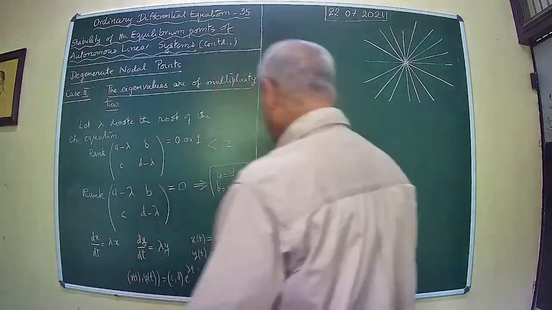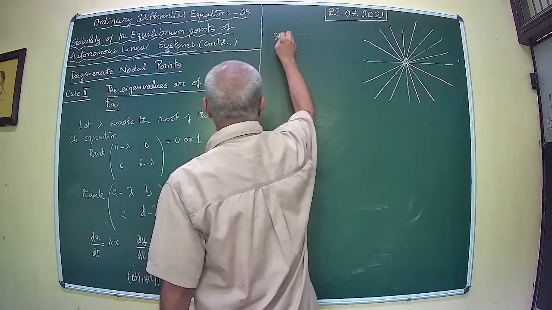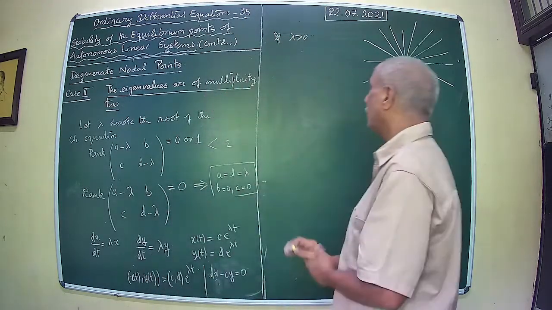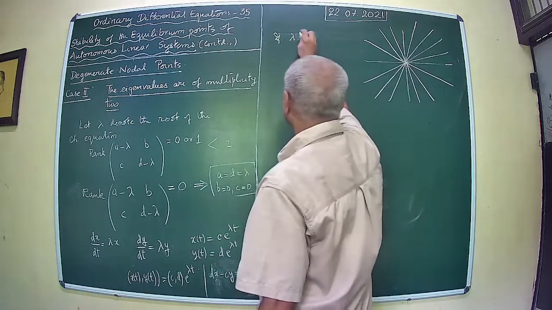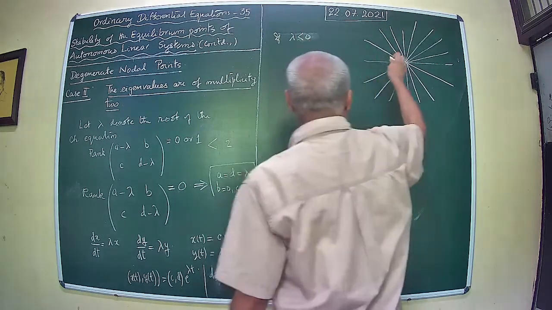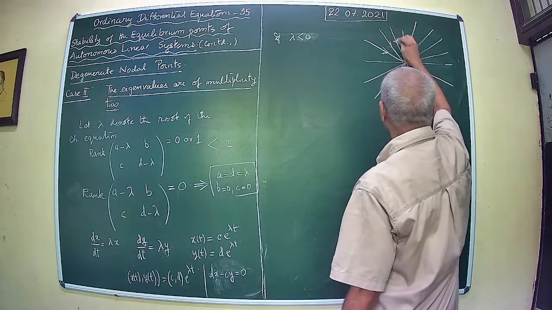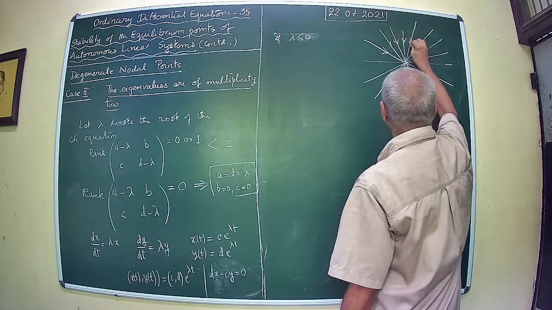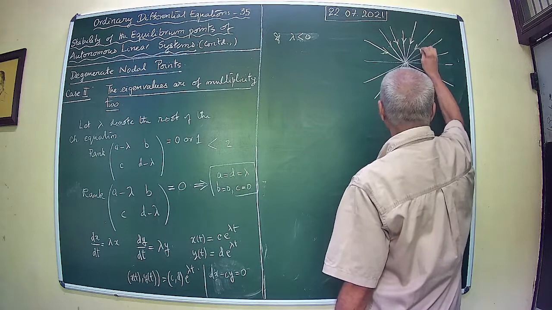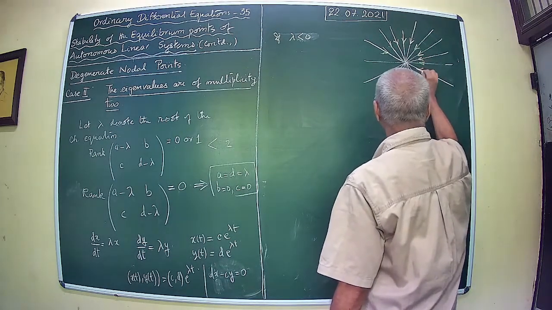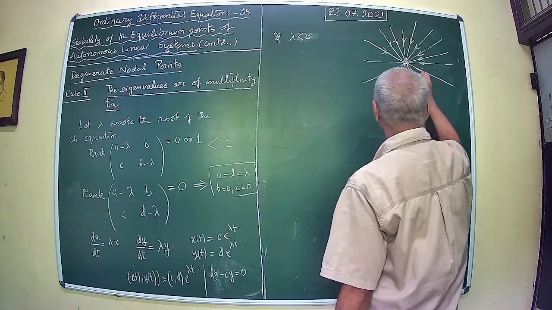Now you see that if lambda is negative, then the directions along all the paths enter the 0, 0.